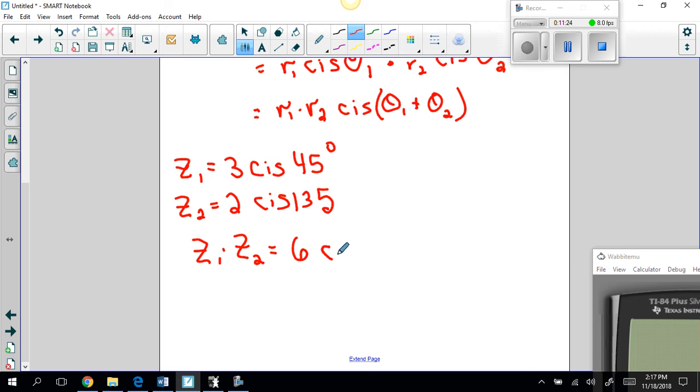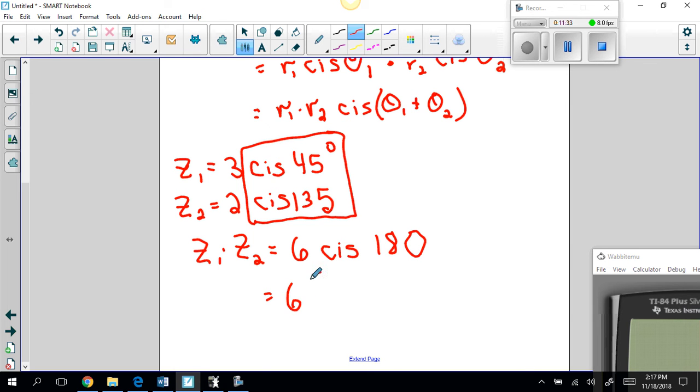It's 6 CIS 180. You're like, wait a minute, this doesn't make any sense. Well, let's make it make sense. CIS is cosine 180 plus i sine 180.